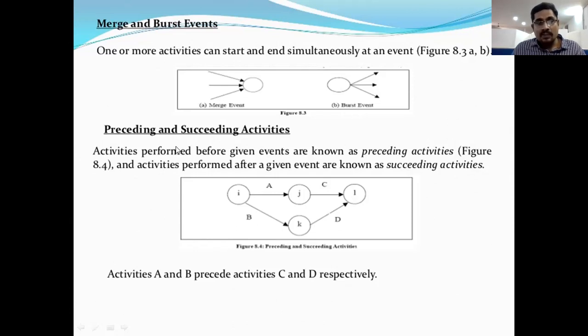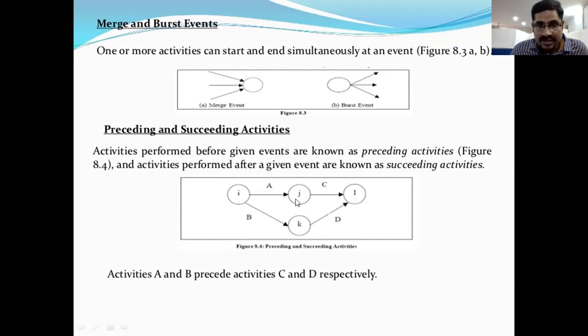Next, coming to preceding and succeeding activities. Look at this diagram. Activities performed before a given event are known as preceding activities. Take the example of this J node.